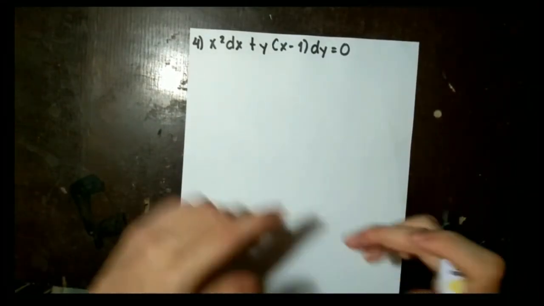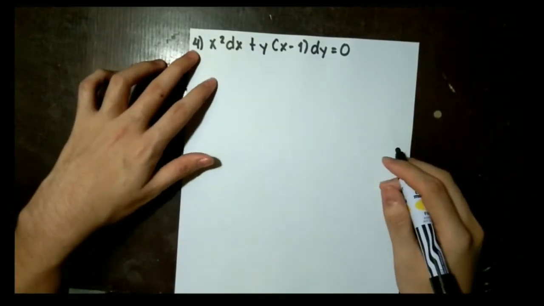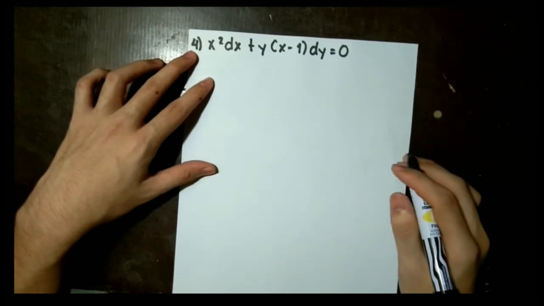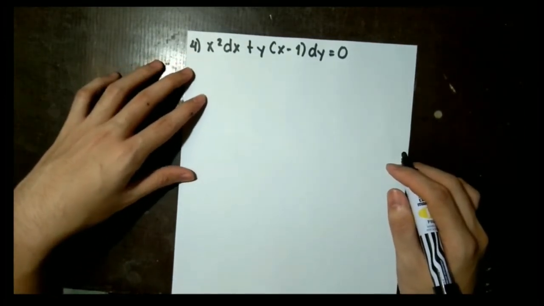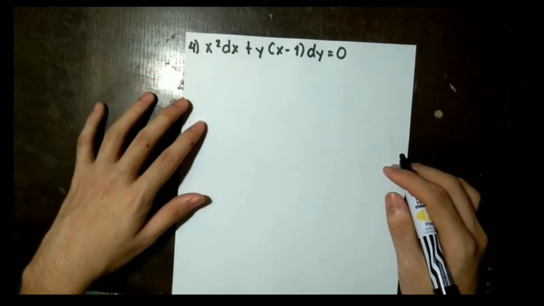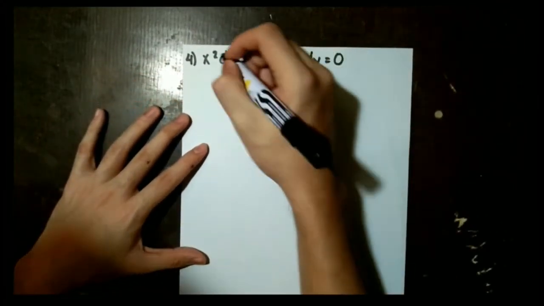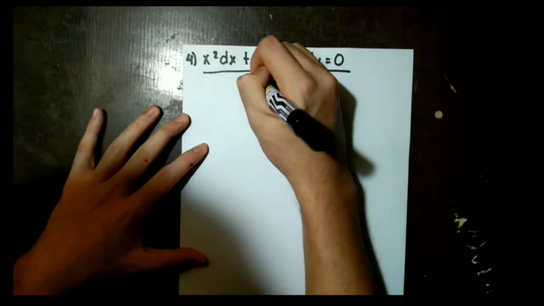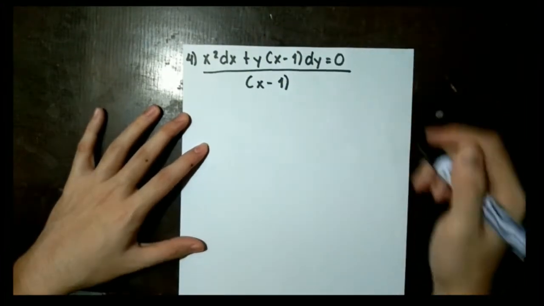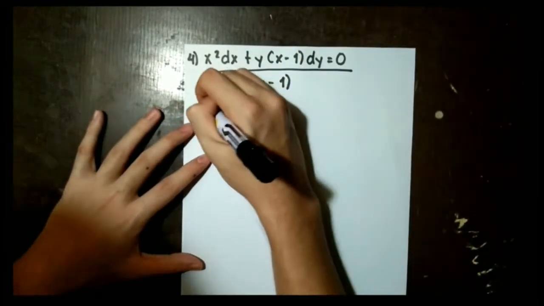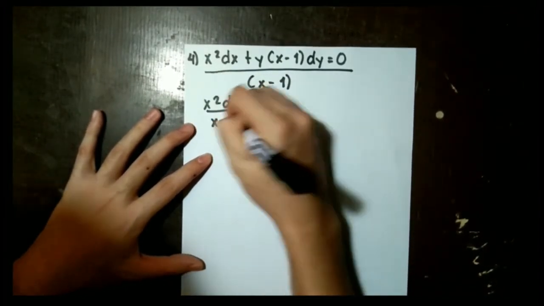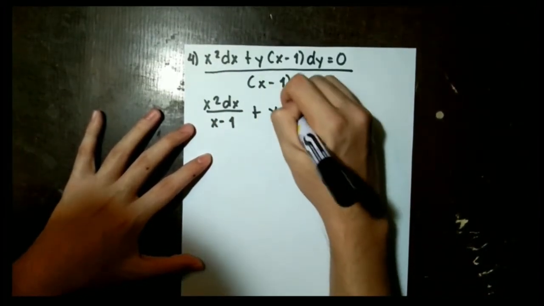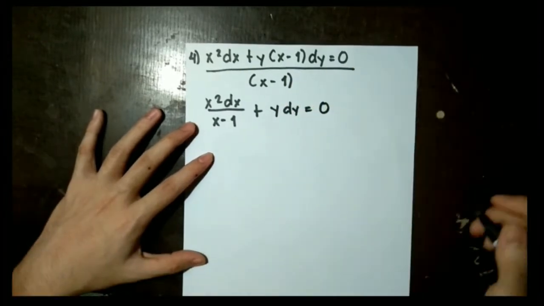For next number, which is yung number 4, x squared dx plus y times x minus 1 dy is equal to 0. So, para mapagsama natin yung x, divide lang natin yung equation sa x minus 1. So, magiging sagot nyan is x squared dx over x minus 1 plus y dy is equal to 0.